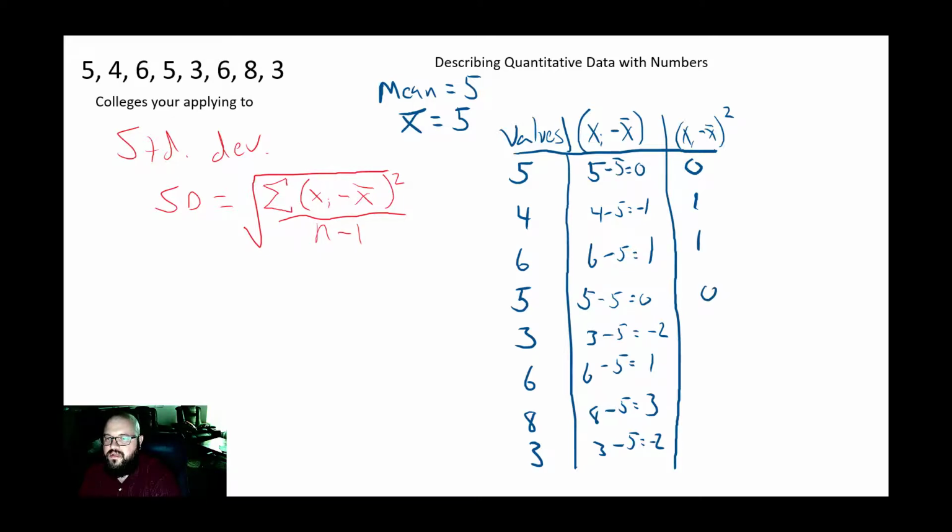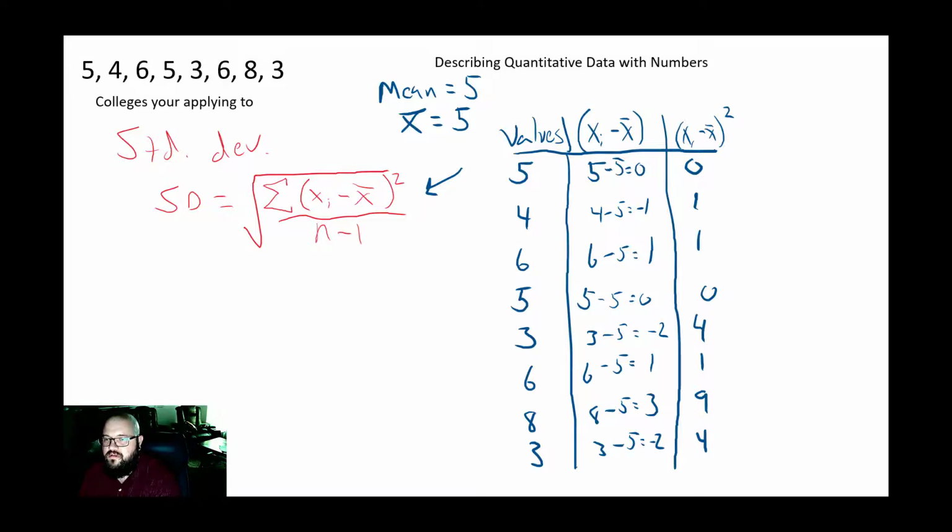Negative 2 squared is going to give us 4. 1 squared is a 1. 3 squared is a 9. And negative 2 squared, like it was, is a 4. So now we have all the values that go right here in the sum part for the sigma. However, now we just need to find what that total is.